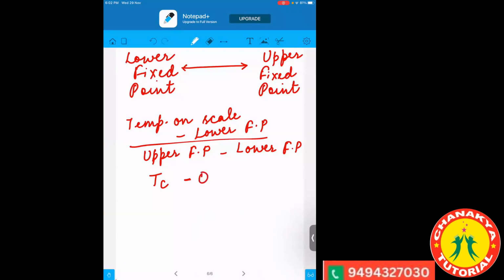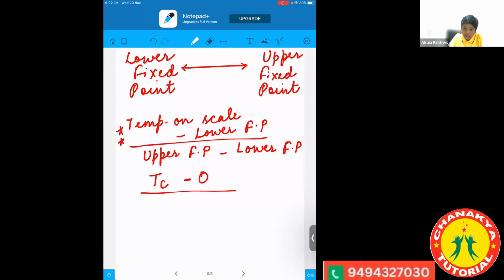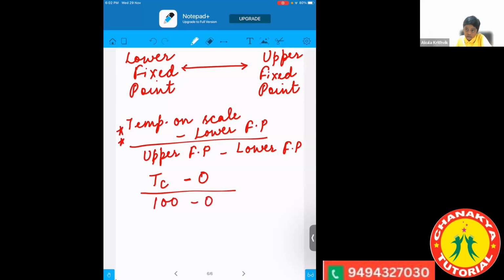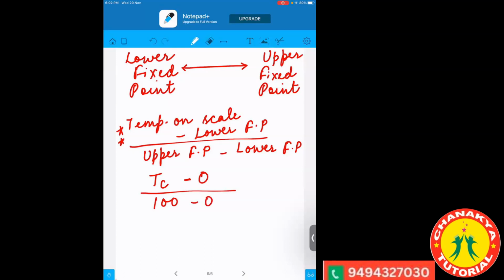Correct, Varshit. So we write 0 here. Now divided by the upper fixed point. What is the upper fixed point for Celsius? 100 degrees. Correct. Minus, now what is the lower fixed point? 0. So that is how we calculate this.